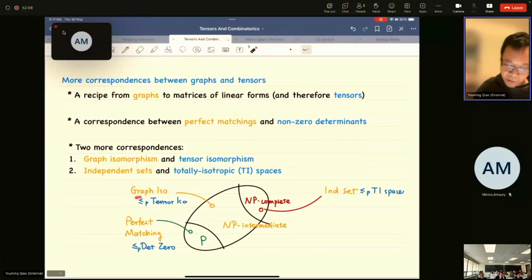And we will also see that graph iso essentially reduces to tensor iso. And perfect matching reduces to testing whether the determinant of a matrix of linear forms is 0 or not. So these correspondences also give us something in the computational complexity section.